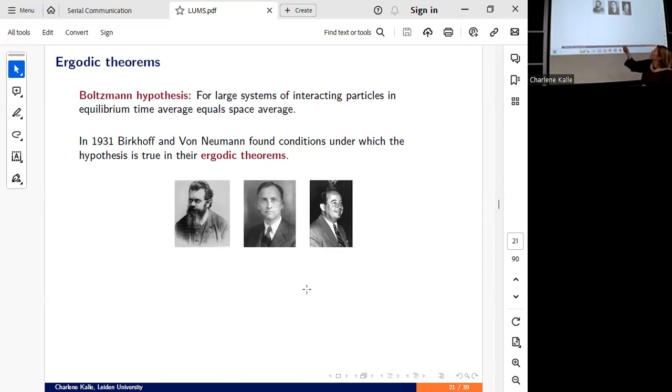The time average comes from taking one orbit of the system and evaluating some observable on the system along that orbit, and then taking the average value of that. That's the time average part. The space average would just be the average value of the observable over the whole system, so usually an integral of an observable over the whole space. This is the mathematical interpretation of time average and space average.